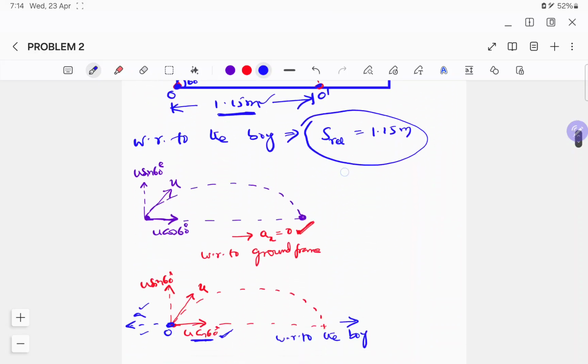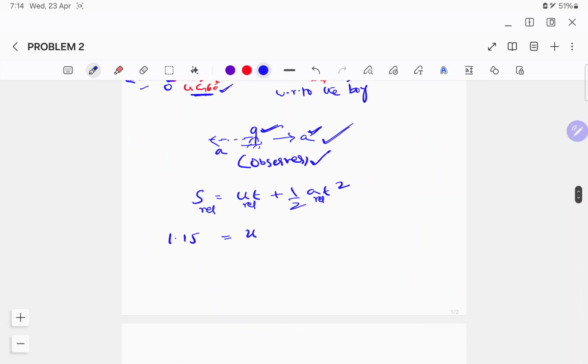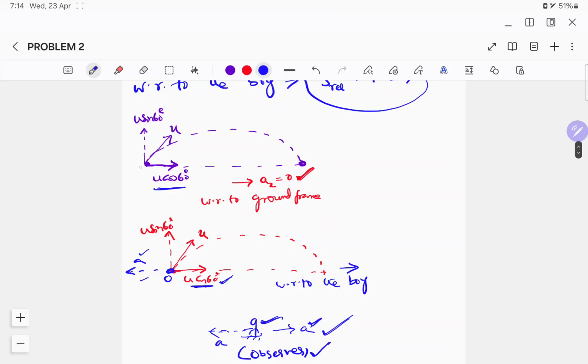So 10 cos 60 is 5, let me write it as 5. And the time is nothing but the time taken by the projectile to land, from the projected point to the landing point.